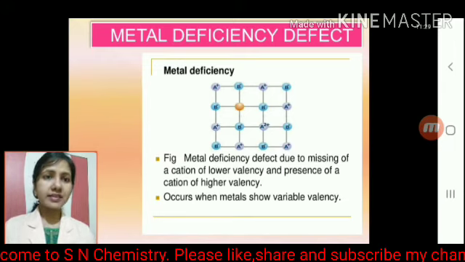So in this case the number of cations is lesser than the number of anions. So this gives rise to a metal deficiency defect. Again the stoichiometry is getting disturbed, but the total positive charge is equal to the total negative charge, so the compound is electrically neutral. The very important thing is that metal deficiency defects are found in the transition elements, right? So this is called metal deficiency defect.